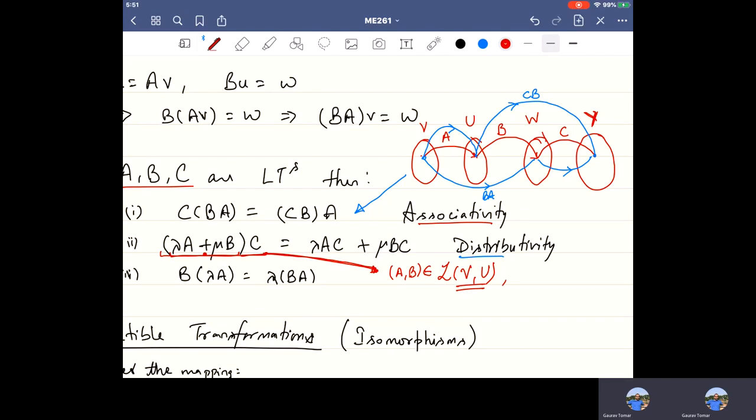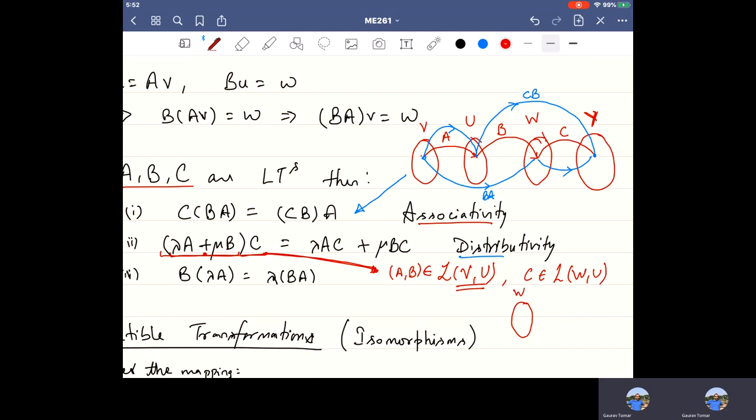And let's say in this case, your C belongs to some transformation U to W, let's say. Of course, the way we have written it now, and we maintain the order, let's call this W to U, sorry.